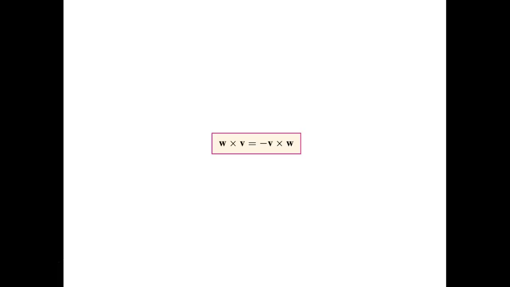W cross V is the opposite of V cross W. It's the same magnitude, same everything, except opposite direction. That's why it's not commutative. It's exactly anti-commutative, meaning it's exactly opposite. Same value, same magnitude, but opposite direction. Okay.